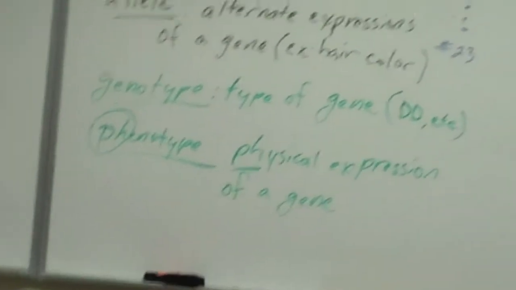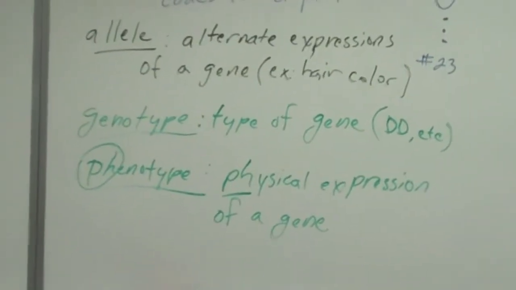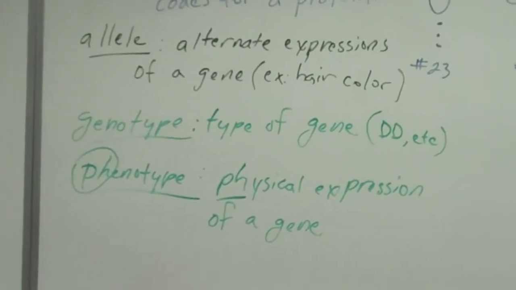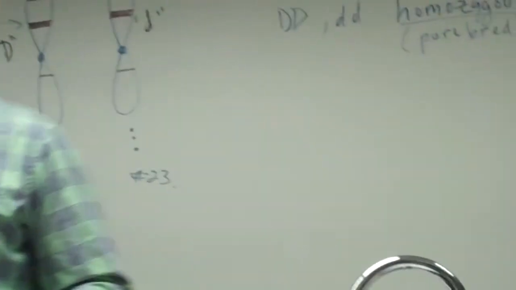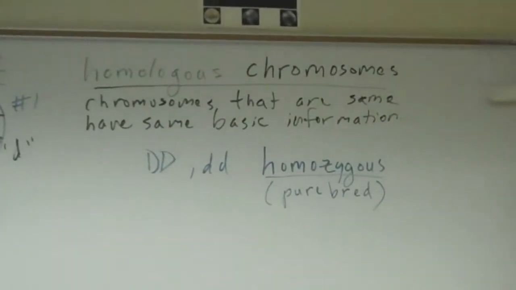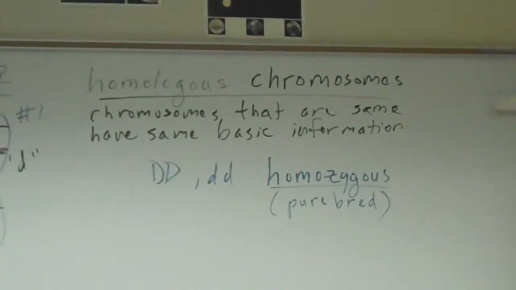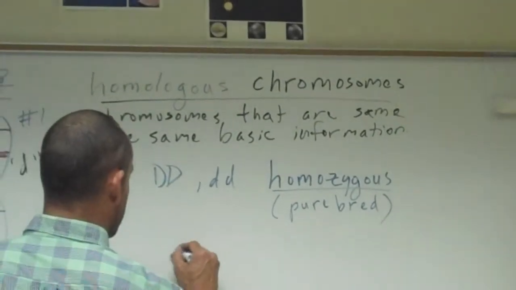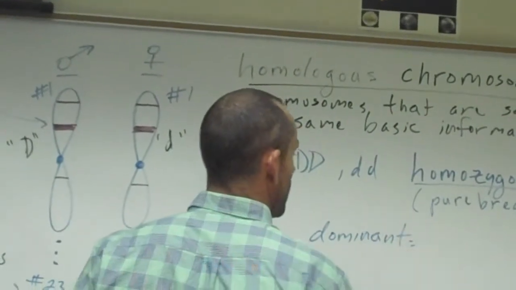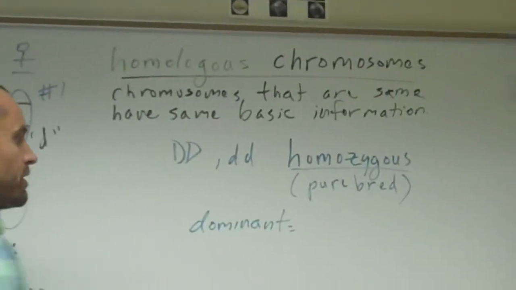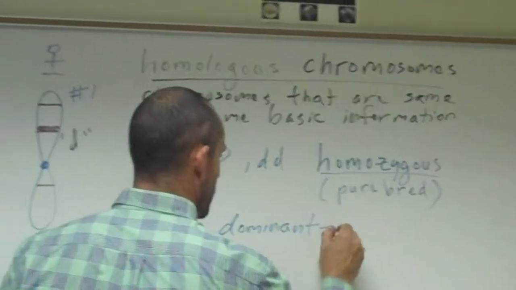One other term that they use for homozygous is purebred. Purebred means you have the same exact alleles. The genes are the same. So the two versions of this that you can have is you can either be homozygous dominant, and when you're dominant, this is the only thing it really means.